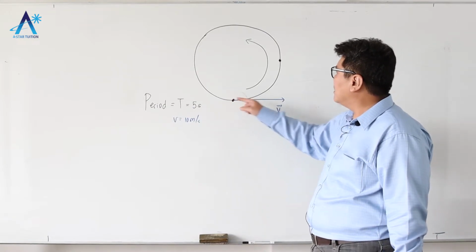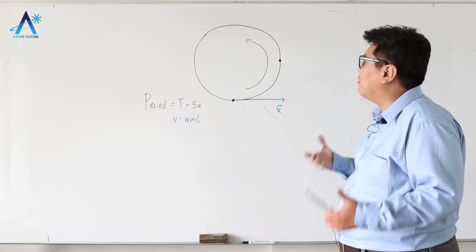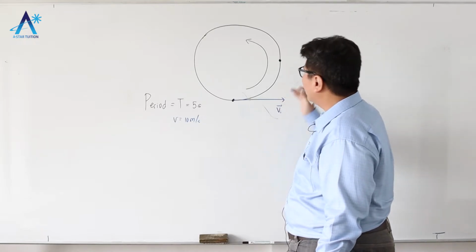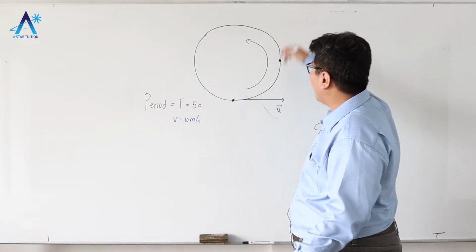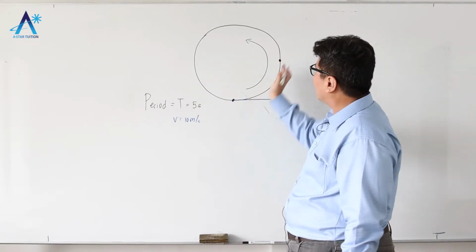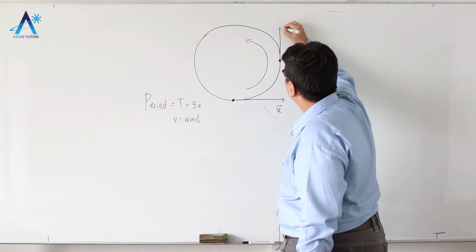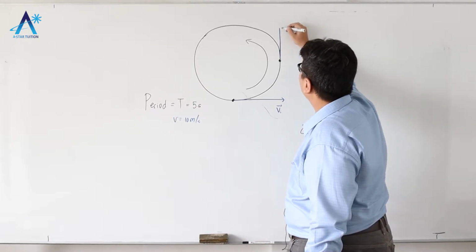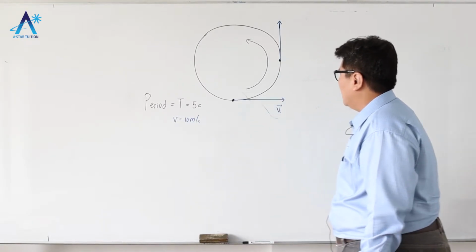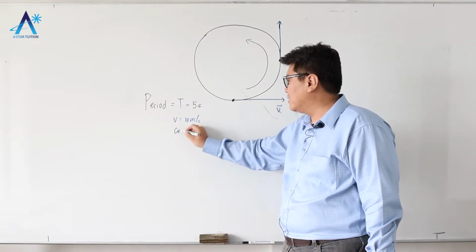Now later the particle will be at this position. What is the velocity vector? Well, the velocity vector is also tangent to the path at that point, and because it's going counterclockwise, you can draw this as the velocity vector. Now one thing to note is that since this is a uniform circular motion, the speed is constant. It does not change.